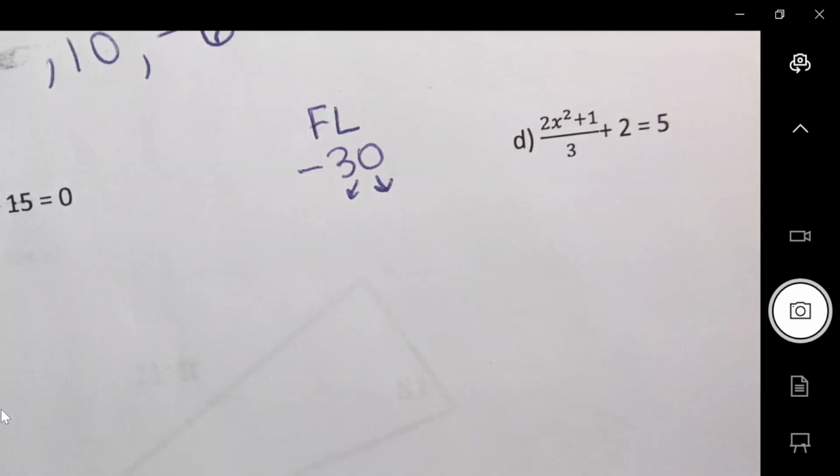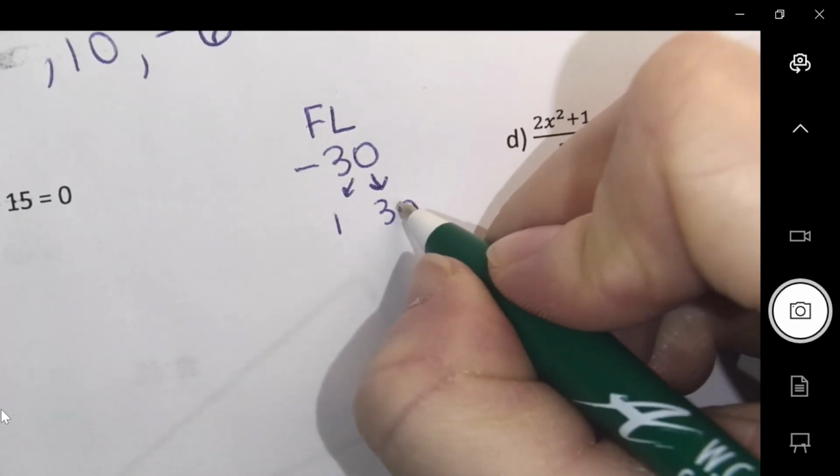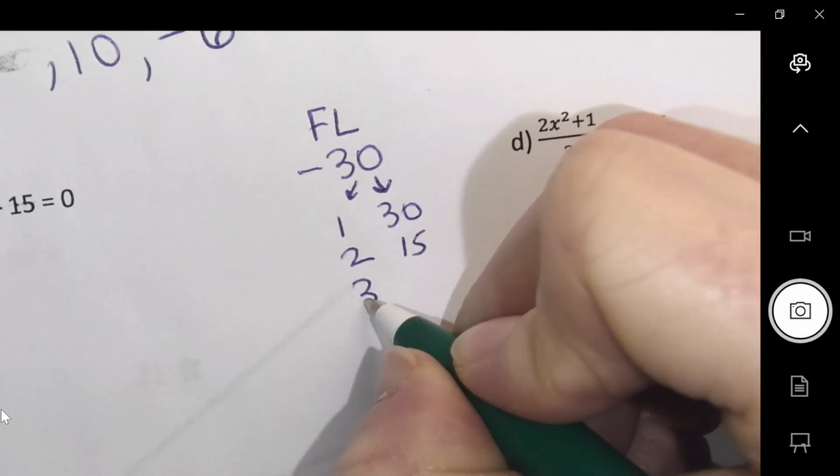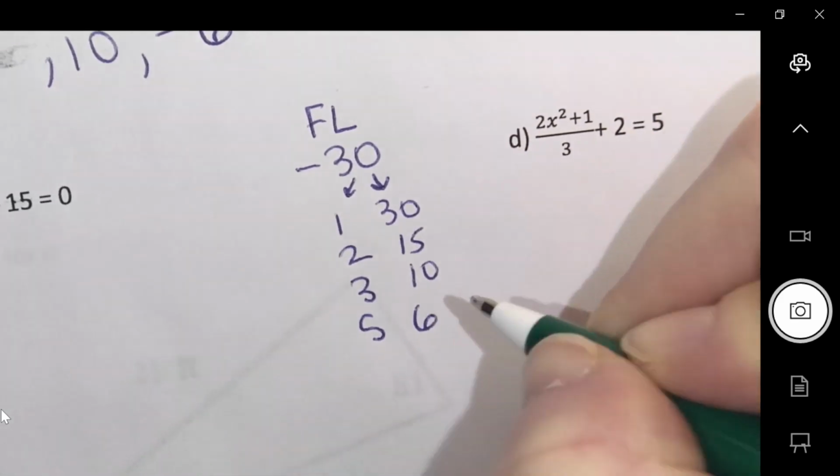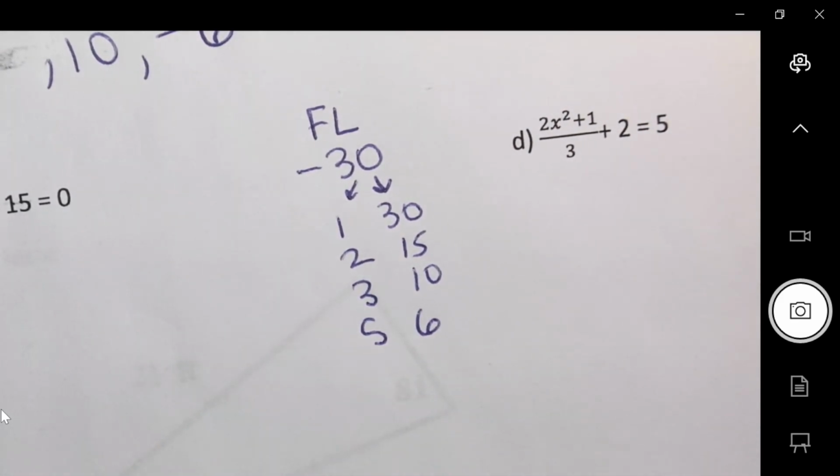I'm going to write down all the things that multiply to 30. 1 times 30, 2 times 15, 3 times 10, and 5 times 6.